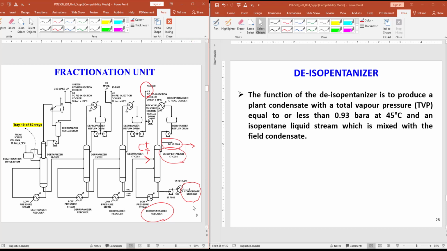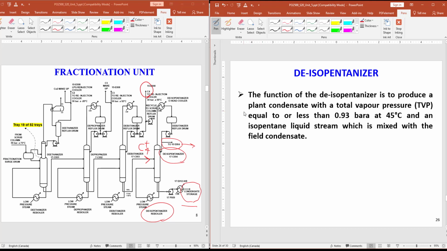The heavier components will be sent to the storage tank. As I said, in those storage tanks, which are usually floating roof, we need to have a minimum amount of light ends, light molecules, to avoid vapor accumulation or gassing off issues. So in the De-isopentanizer, what will happen?